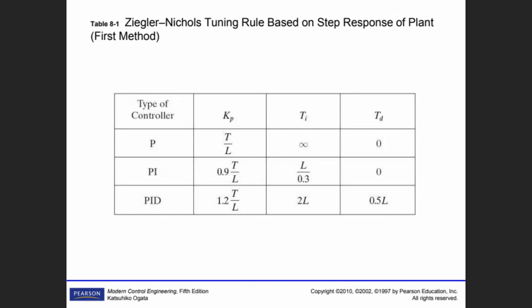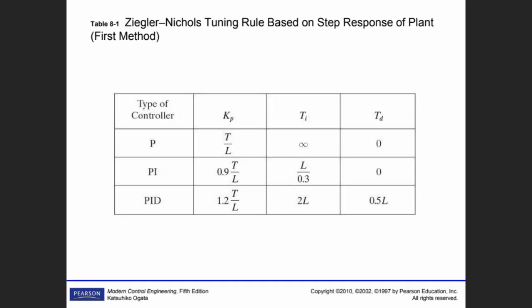For PI, you have, of course, an integral controller as well. So what Kp value and Ti value is given. This is the table designed and developed by Ziegler-Nichols. They published it many years back, and it is still used.